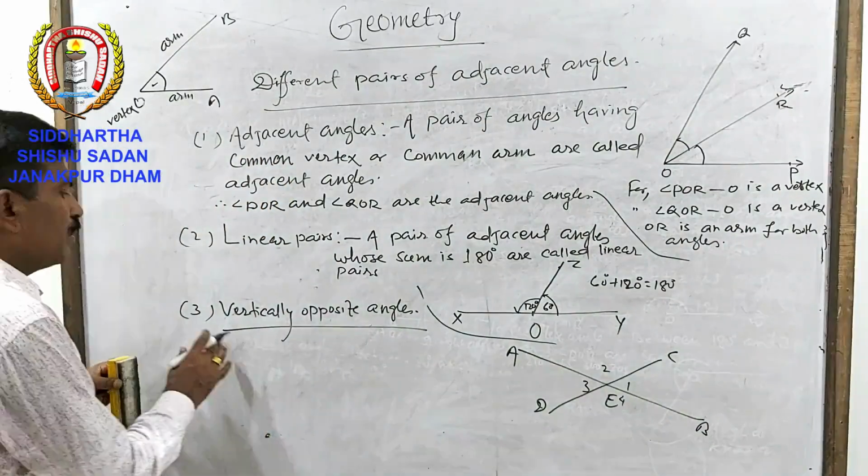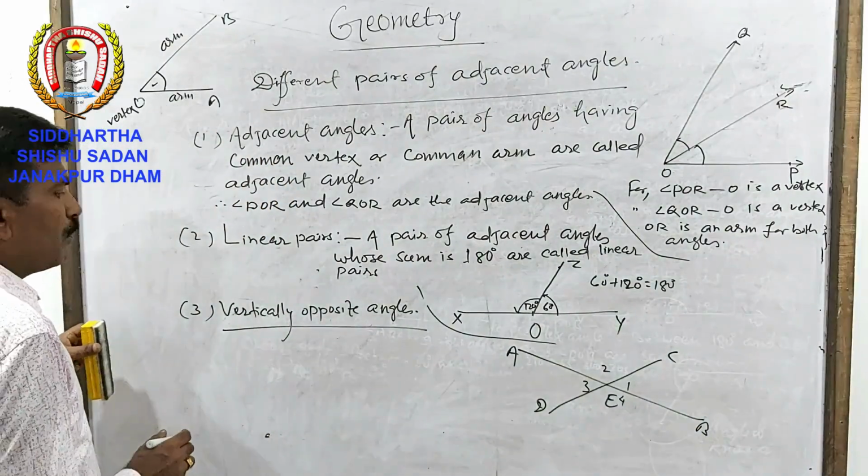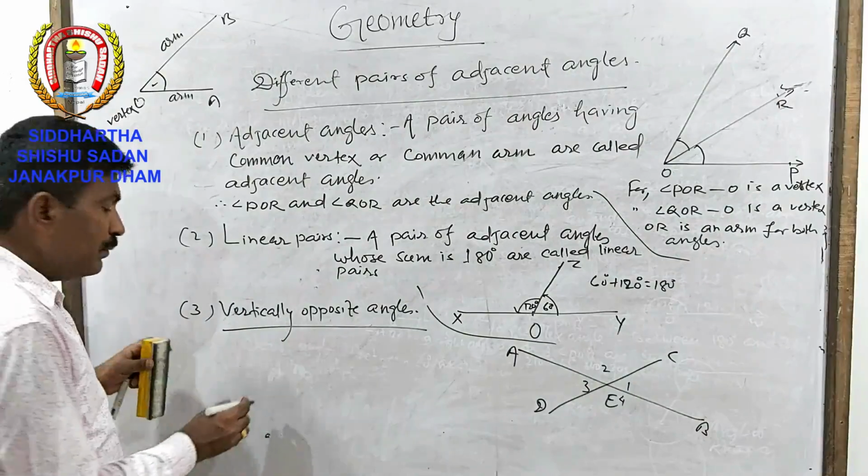So, to give the definition of vertically opposite angle, we can write in this way.